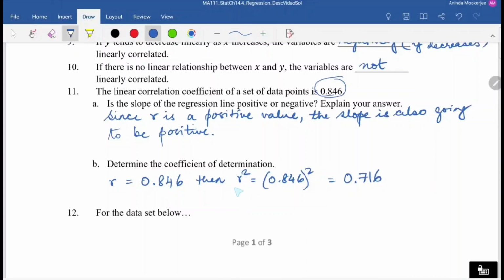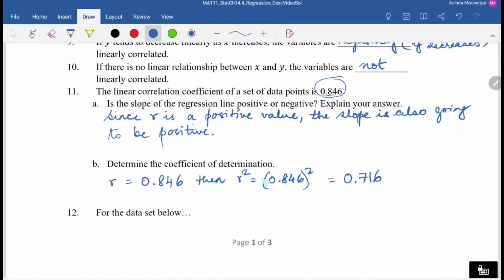Keep in mind, if you are given the r value, you can find the coefficient of determination by squaring r, instead of working through the equation for r squared.